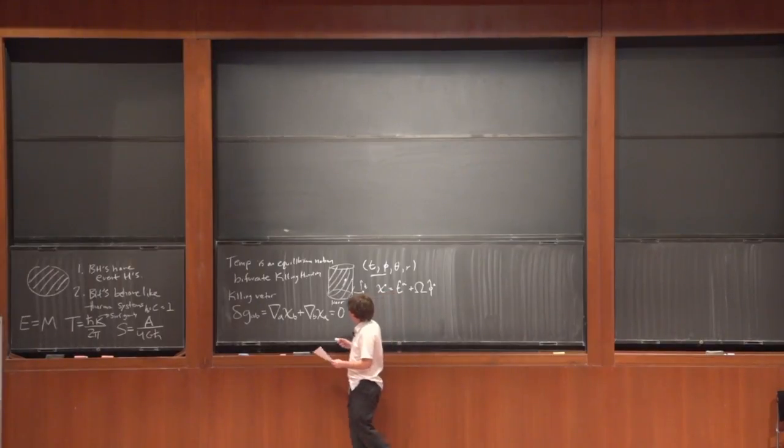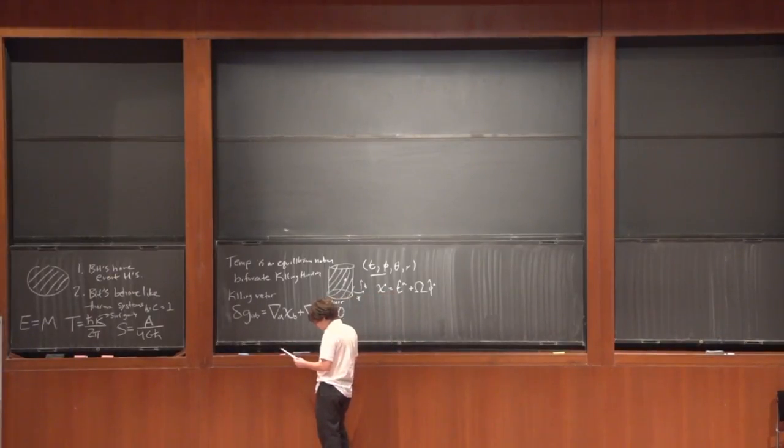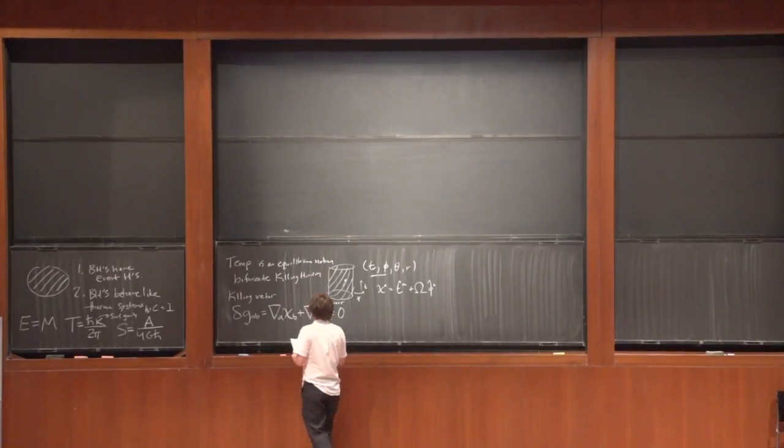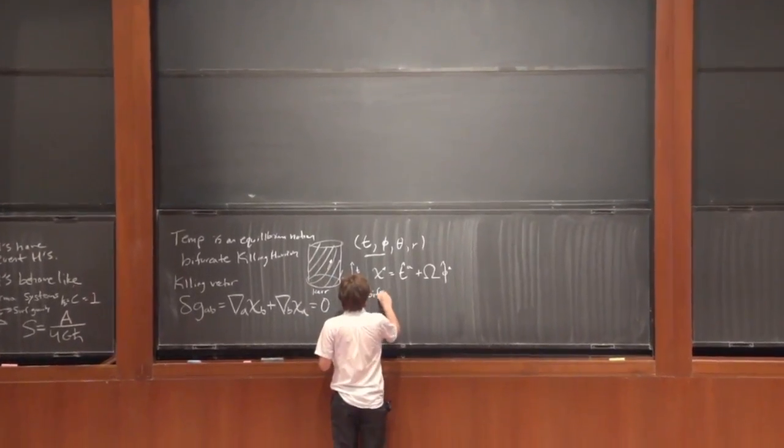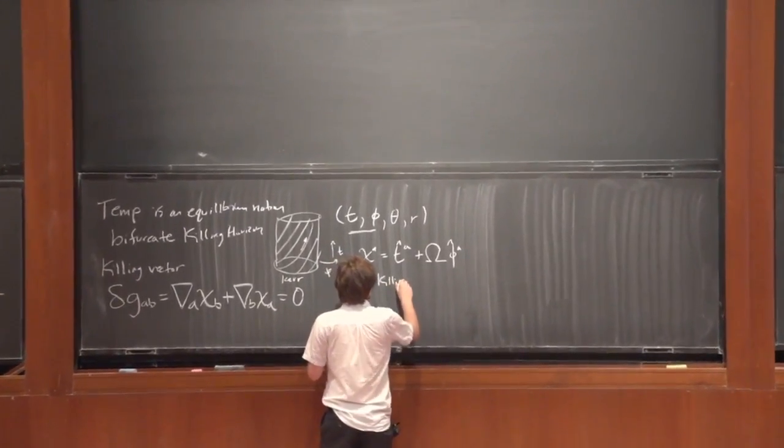So we now define the bifurcate Killing horizon. I don't have room to write this, I'll put it here. Bifurcate Killing horizon.